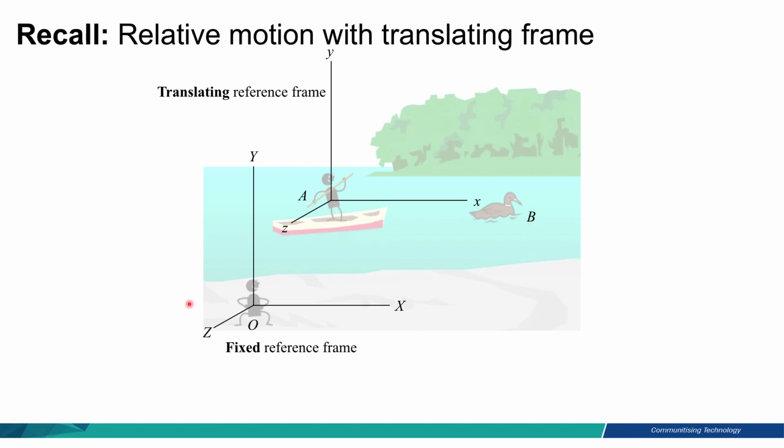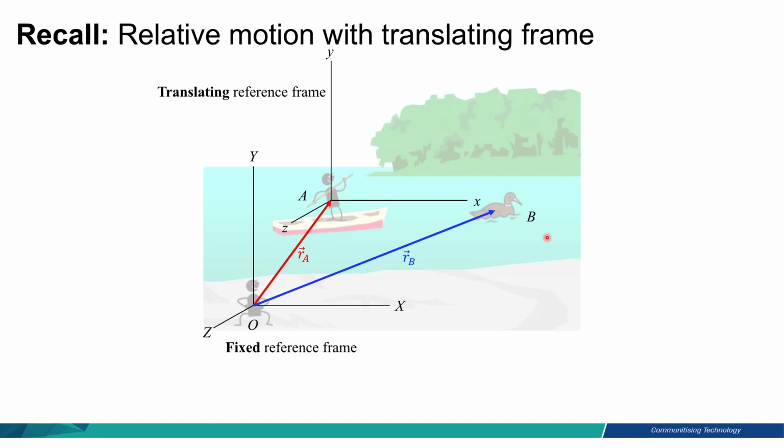From our previous lesson, we draw a position vector of the man at point A from the fixed reference frame, that is RA or RA/O. From the fixed reference frame, we can also draw a position vector of the duck at point B, this is RB or RB/O.